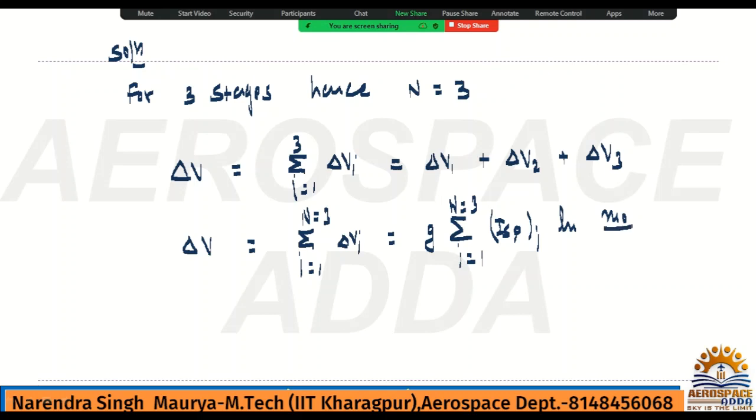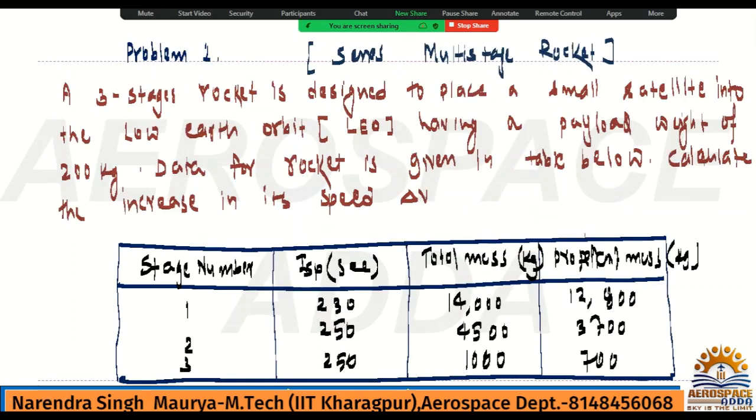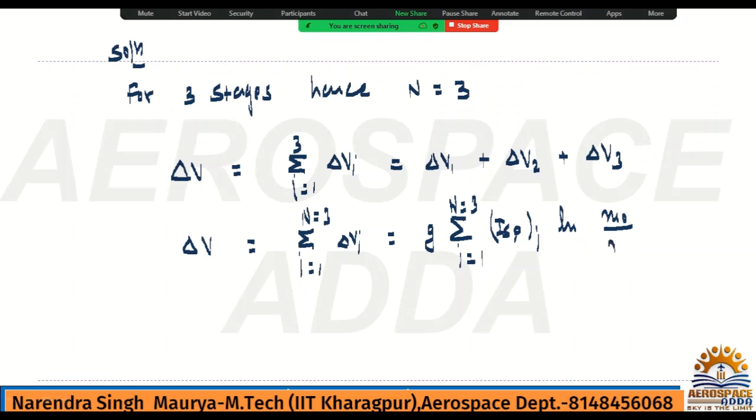Separately they have given the propellant mass also. So what is mf? You remember from previous lectures, it is m naught minus mp. This is the mf. So this formula we need to check. This is already explained, not new for you.